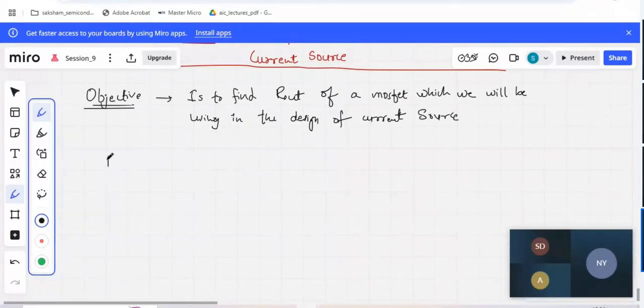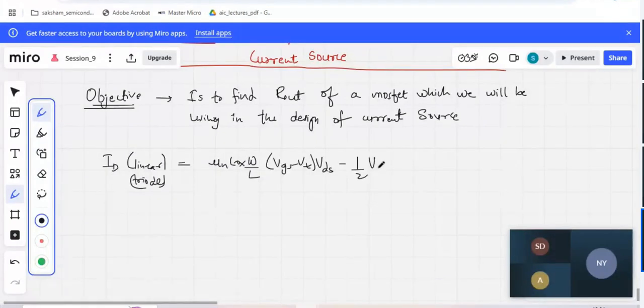So basically, my drain current in the linear region or triode region is given by the equation mu n C ox W by L (VGS minus VT) times VDS minus 1 by 2 VDS square.